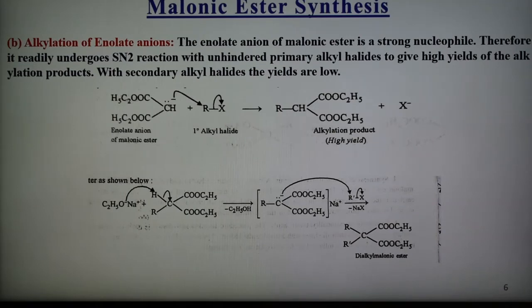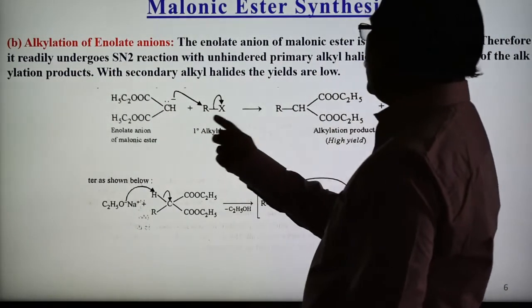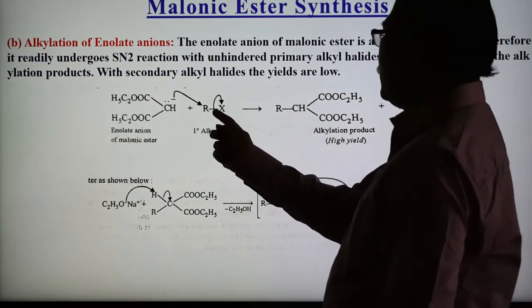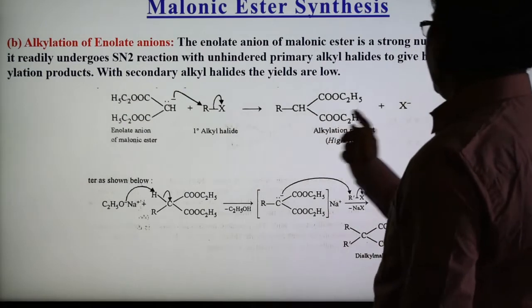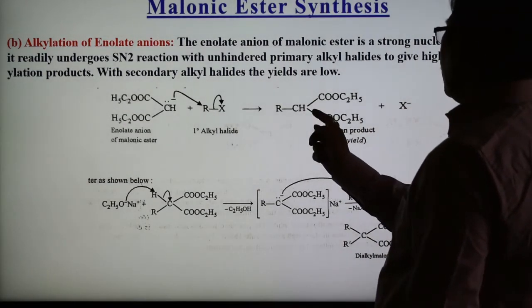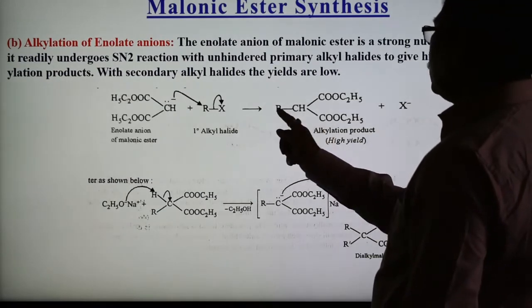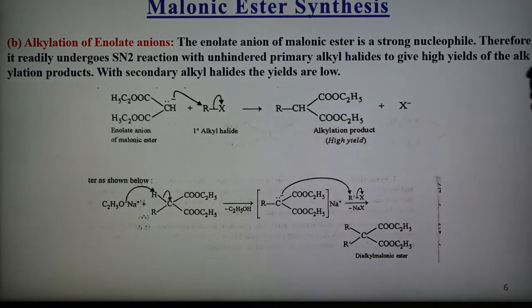So this enolate anion reacts with the primary alkyl halide. The alkyl group gets attached here, and the X minus is replaced. So here is the alkylation product of malonic ester, with one alkyl group attached to the enolate anion.